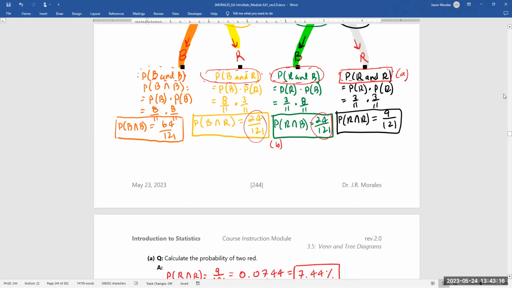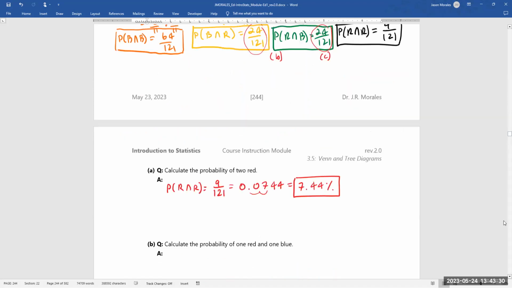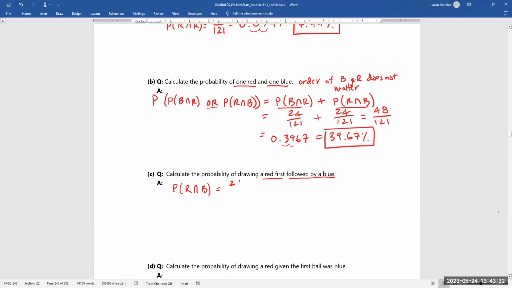So the probability of red first and blue second is here. And so that's going to be our answer for part C, 24 over 121. So 24 over 121 rounded to 4 decimal places is 0.1983. And in percent, it comes out to 19.83%.